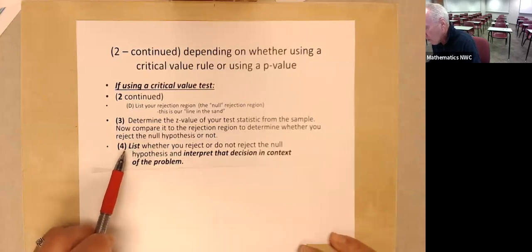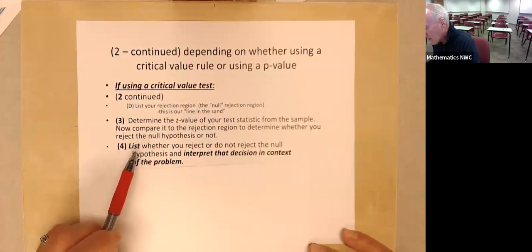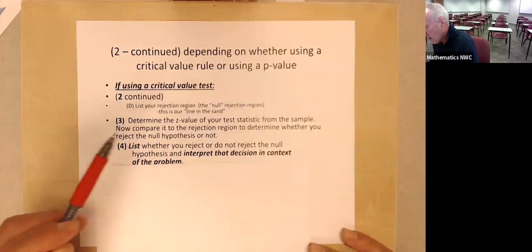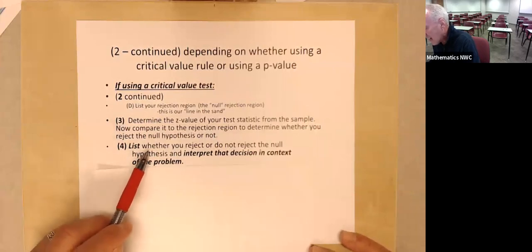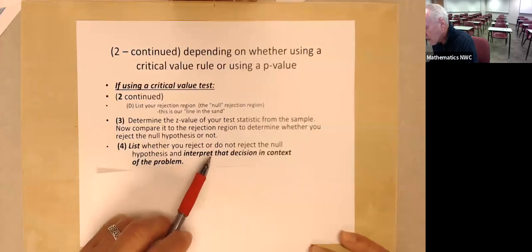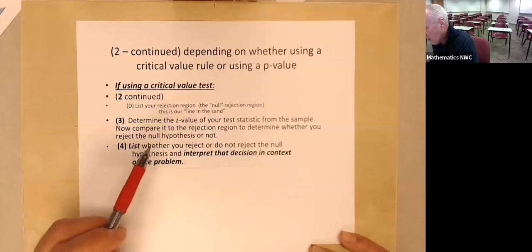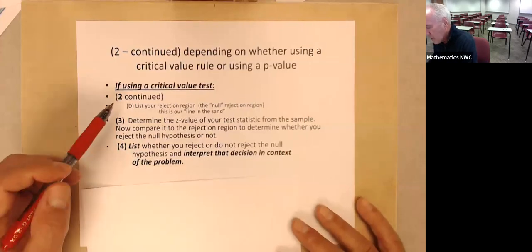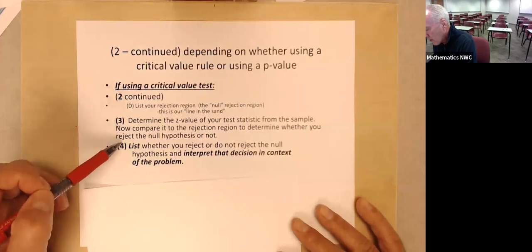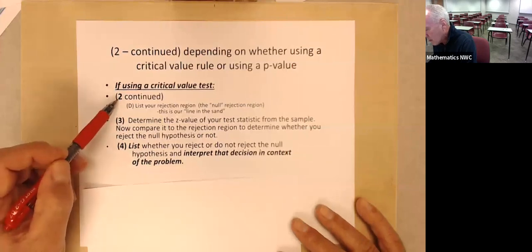In step number 4, that's again from that page of notes, if I went over the line in the sand, I rejected the null and I concluded the alternative. If I did not go over that line, then I had insufficient evidence to reject the null and I continue to go status quo. These were steps 3 and 4 and a little bit added to 2.